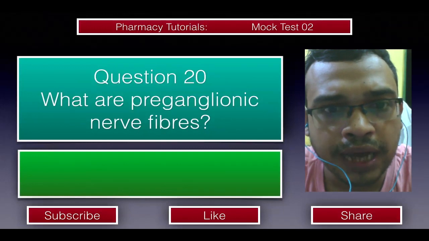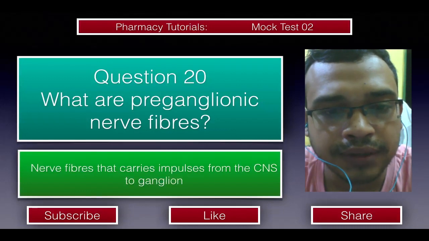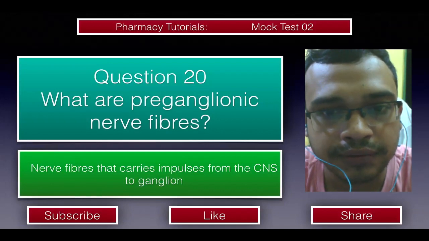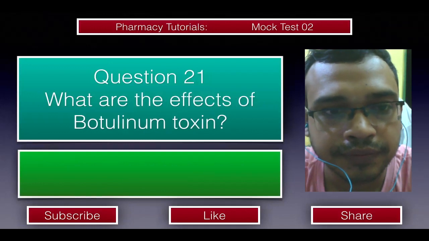What are preganglionic nerve fibers? Nerve fibers that carry impulses from the CNS to the ganglion are called preganglionic nerve fibers. What are the effects of botulinum toxin?